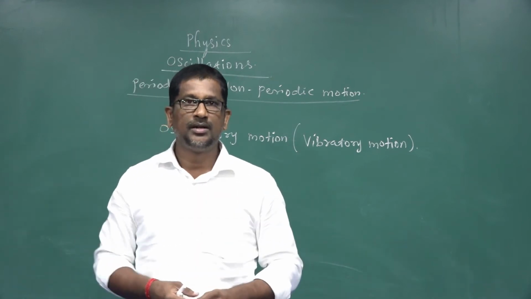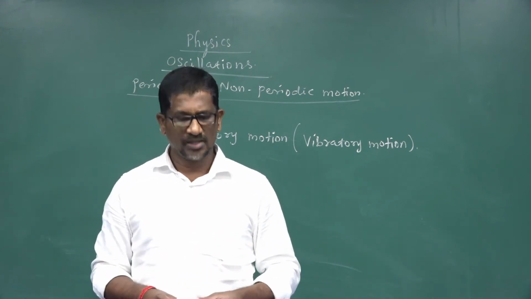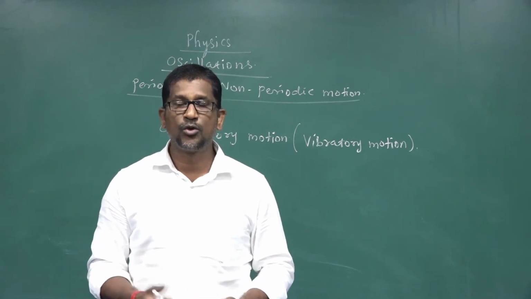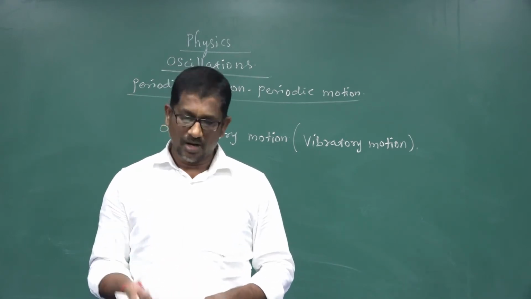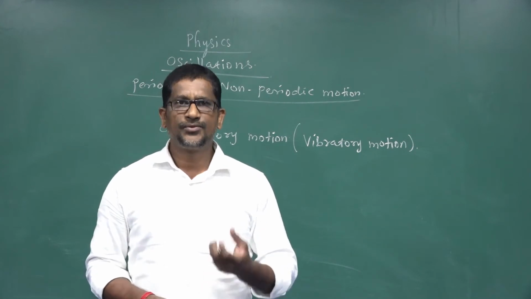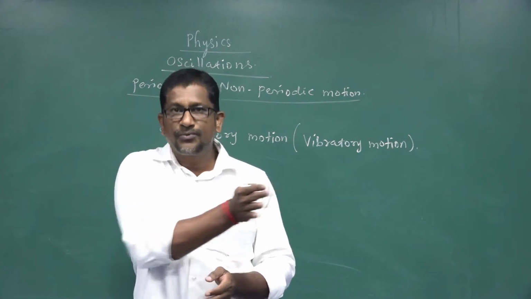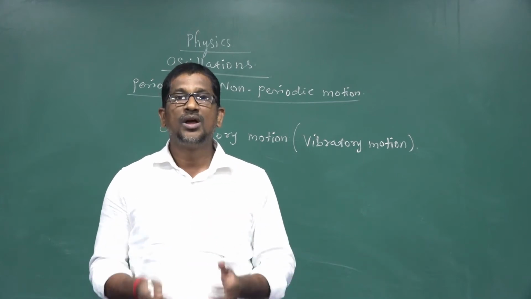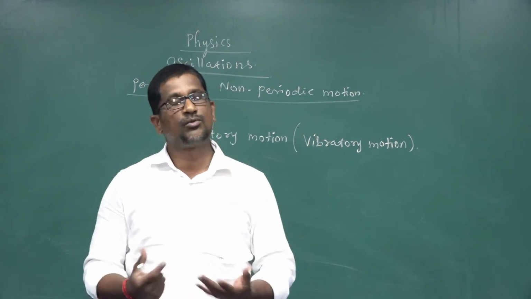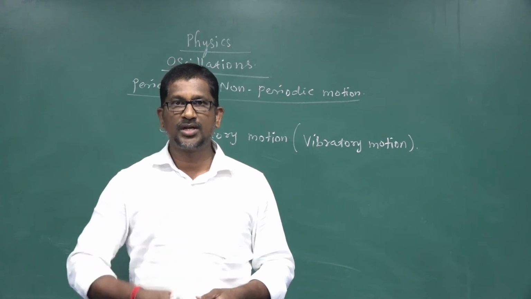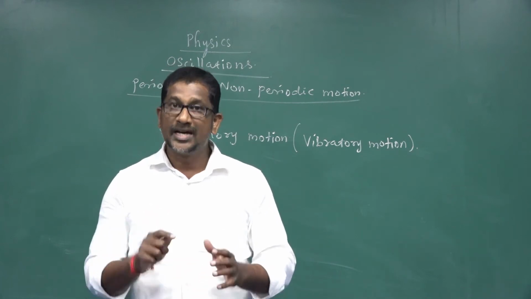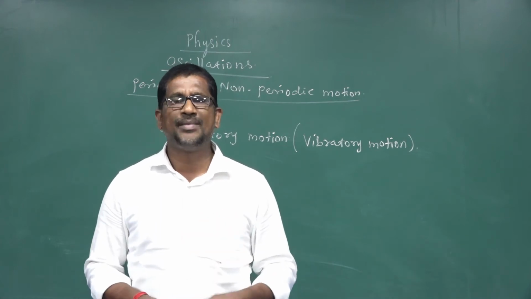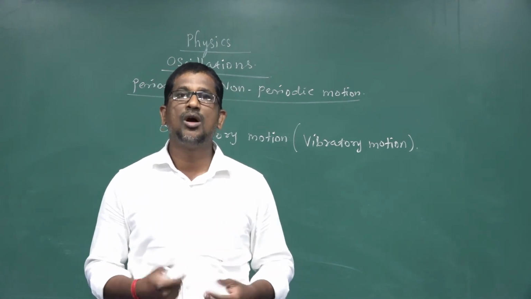A simple definition: the to and fro motion is called oscillatory motion, or otherwise defined as, if the particle moves back and forth repeatedly after a regular interval of time, it is known as vibratory motion or oscillatory motion.